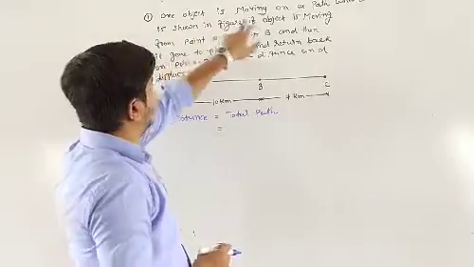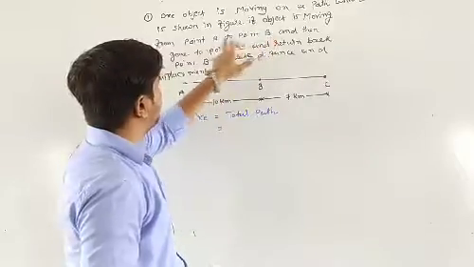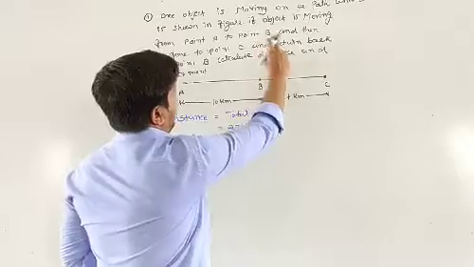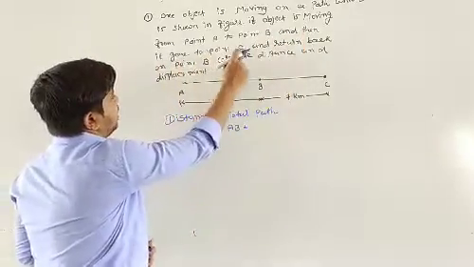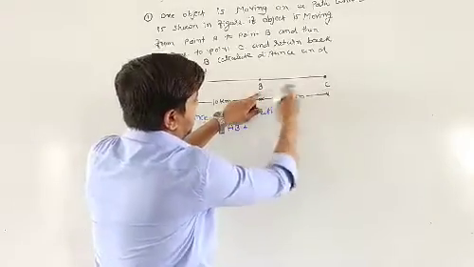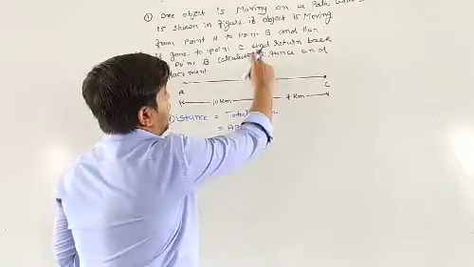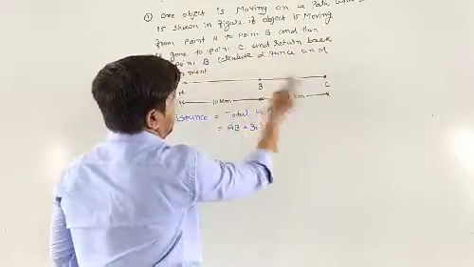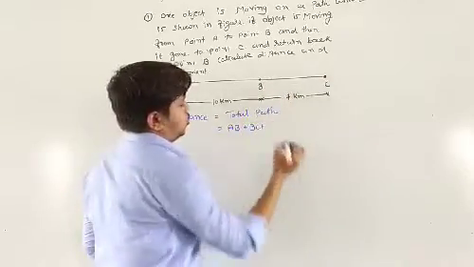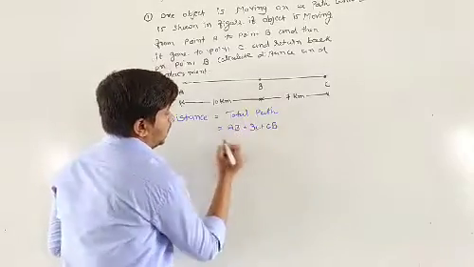If the object is moving from point A to point B, so AB, plus then it goes to point C, so BC. Then it returns back from C to B on the same path, so you have to take CB. You have to take the total path.